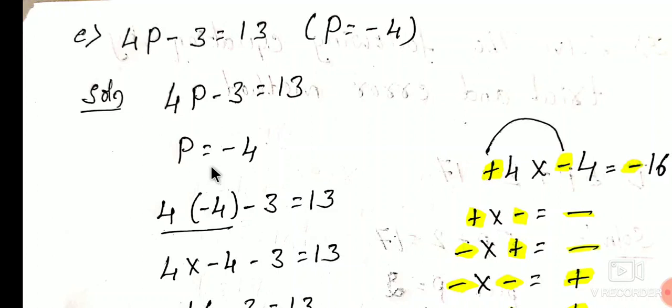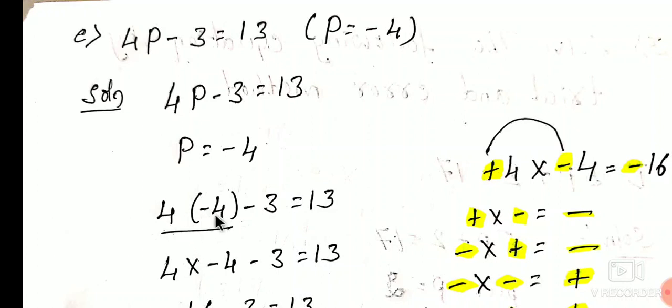So substitute. Here minus 4 means the negative value. You already learned in the first chapter, the integer chapter, the difference between minus 4 and plus 4. I think you all understood in that chapter. Okay, clear. 4 into minus 4.